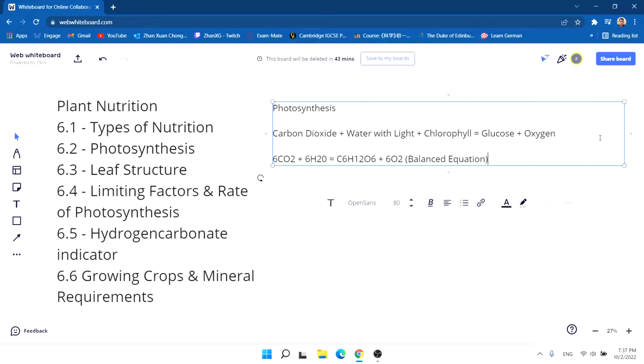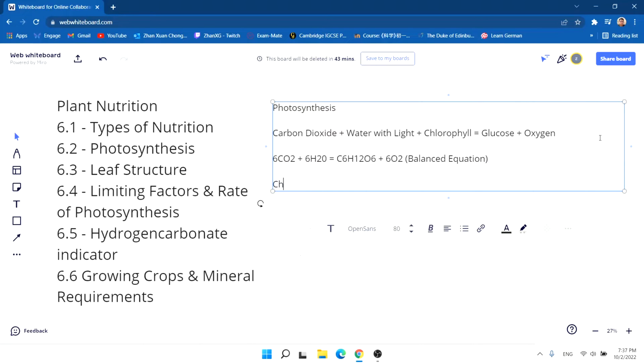So we all know that chlorophyll is the green pigment found in chloroplasts. A bit of basics on how it works.